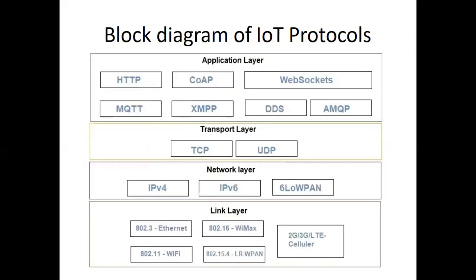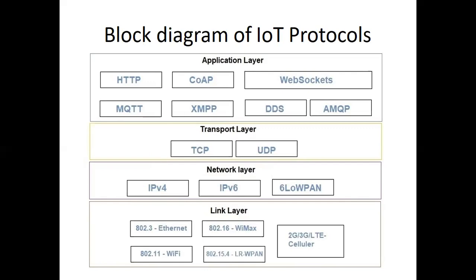Here is the block diagram for different IoT protocols used at different layers. IoT architecture is basically divided into these four layers: link layer, network layer, transport layer, and application layer. There are different protocols.